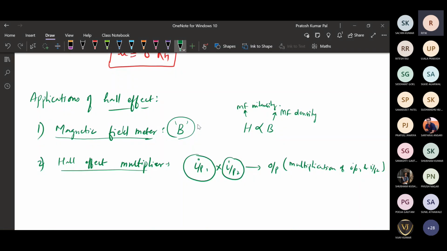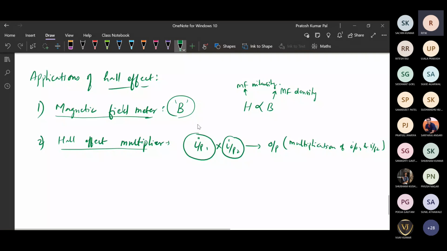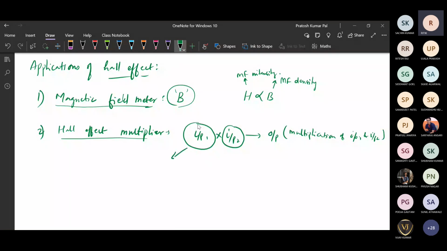Basically, the two inputs will be like this: the first input will be in the form of current, and the second input is in the form of magnetic flux density, that is B.